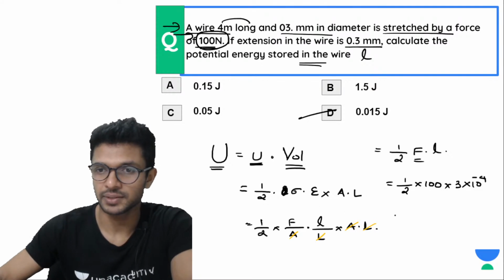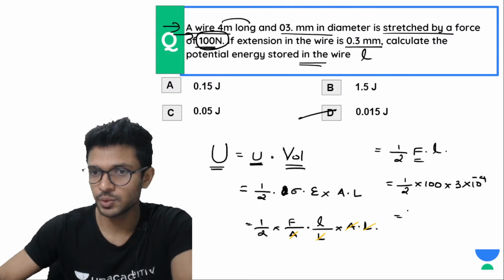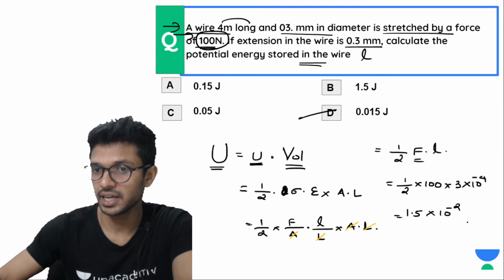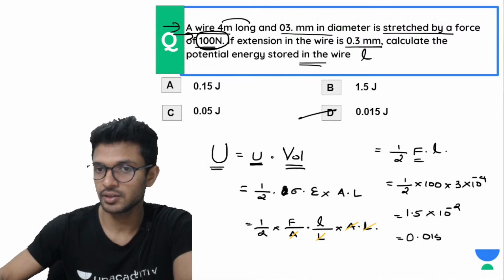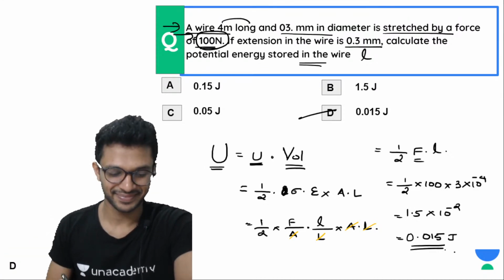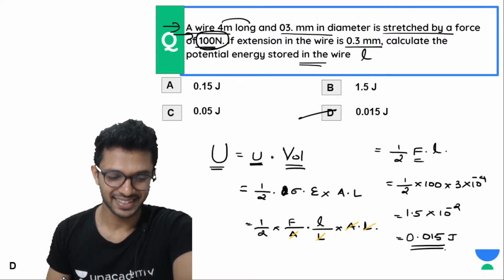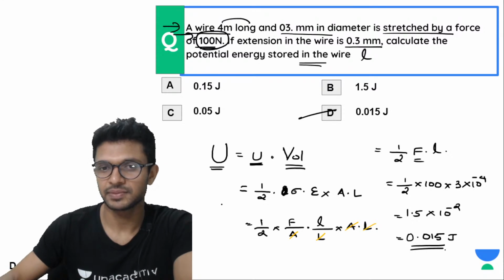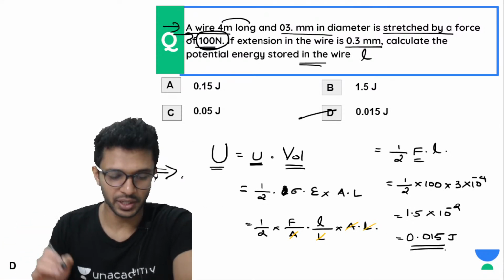Fine? 3 by 2 is 1.5. 100 into 10 power minus 4 is 10 power minus 2. So this is equal to 0.015, with the unit of joule. Done? Clear? Quickly note it down. This is a very good question. Awesome question it is.